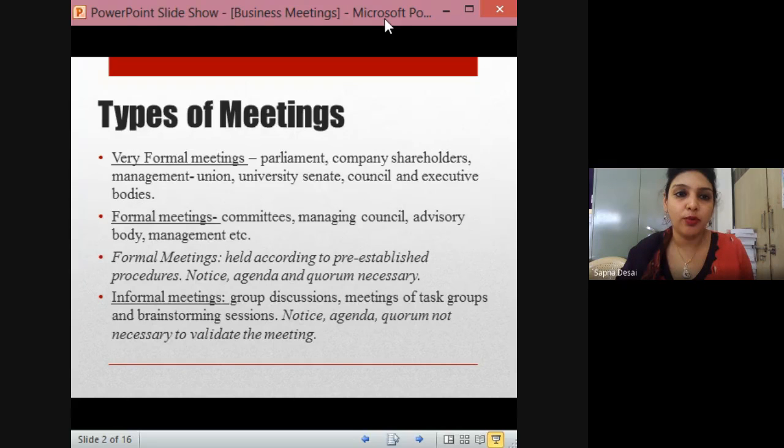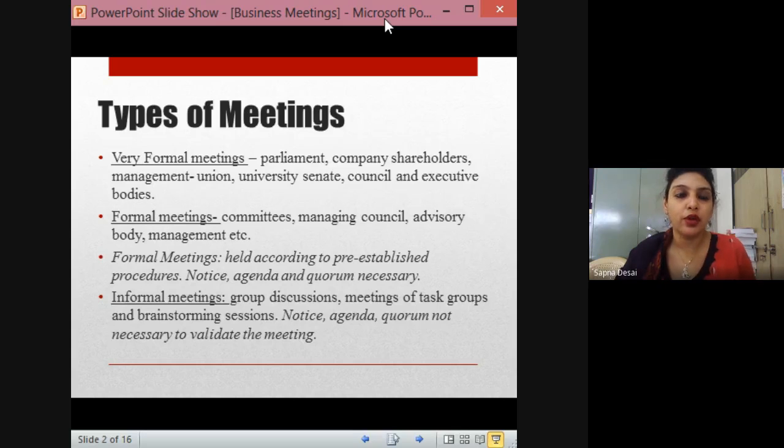Formal meetings are meetings of the committee members, managing council, advisory board, management, etc. Formal meetings only we are concerned with here. They have pre-established procedures. This is our main part of concern: how to write a notice, how to draft an agenda, what is a quorum, and how to write the minutes of the meeting.